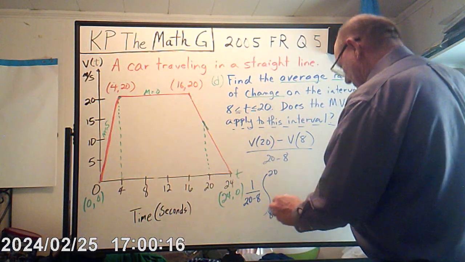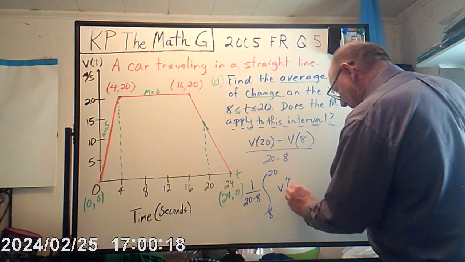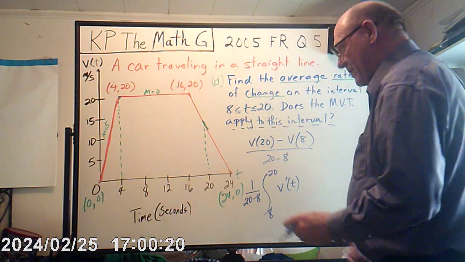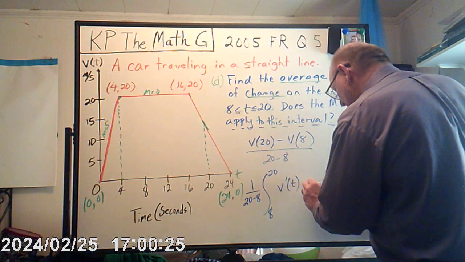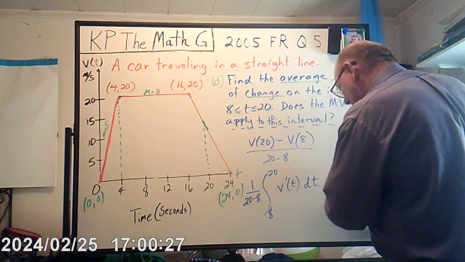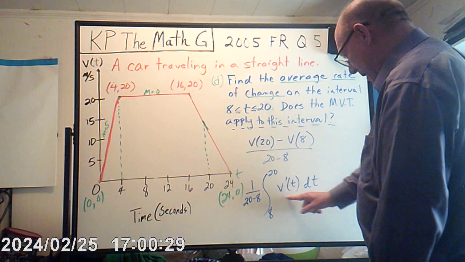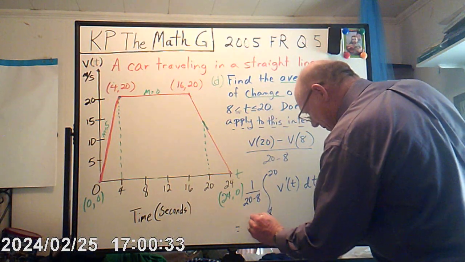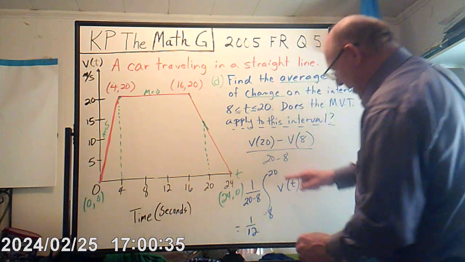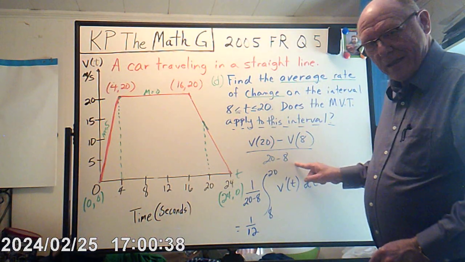And then v prime at t, that's what we're dealing with, is the slope of the tangent line to the curve, dt. Now that simply means this is 1 over 12, which, by the way, what's 20 minus 8?